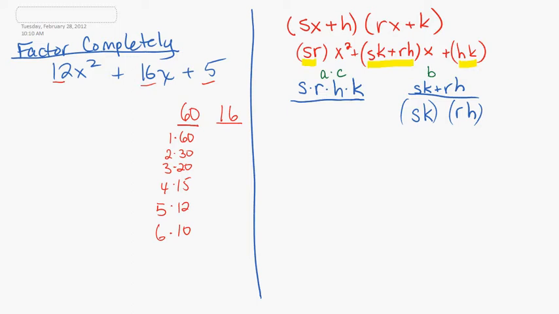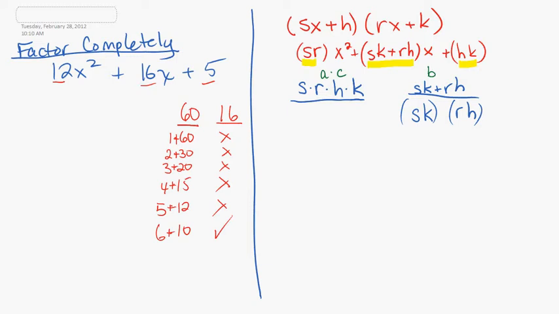So those are all my factors. And now I'm looking, do these add to 16? No, no, no. 19, getting closer, 17, getting closer, 16. Yes, that's my number. So 6 and 10.